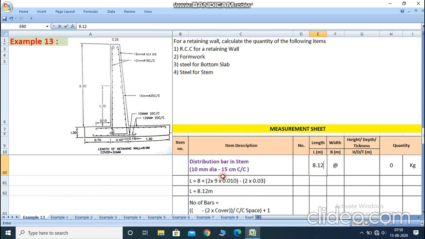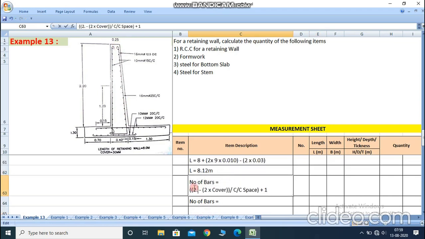For finding the number of bars, the total length is 2.20, minus the single cover 0.03, and the center to center spacing is already given as 15 centimeter, so 0.15, plus 1. So the number of bars we find is 16.